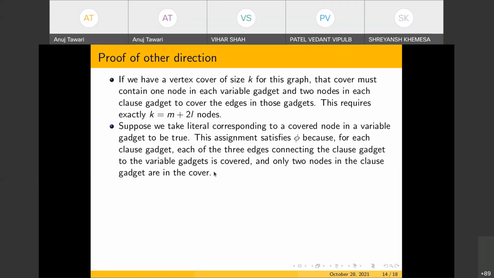So we don't have to worry about the triangles, because what this assignment does is that only one literal is being set to true. But then we are picking those two other vertices in the clause gadget so that the triangles are covered. So don't worry about the covering part. It's just that we are picking the literal corresponding to a covered node in the variable gadget, and that is it.